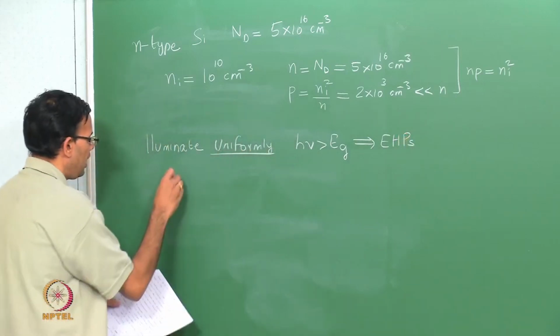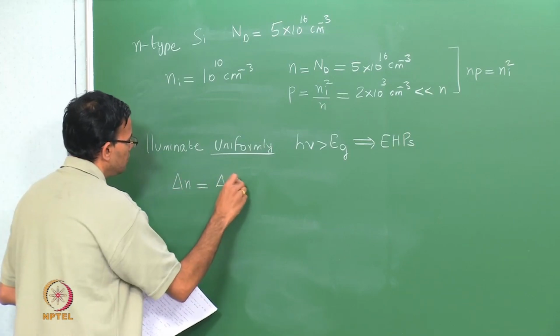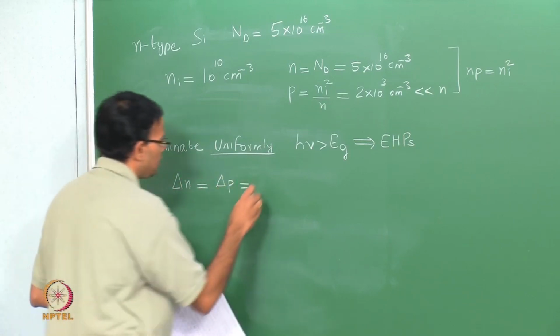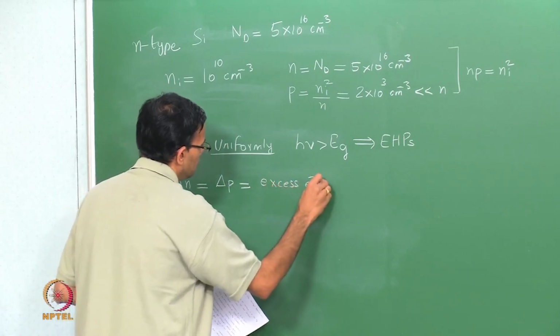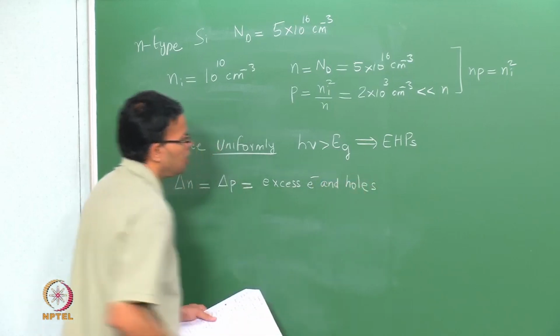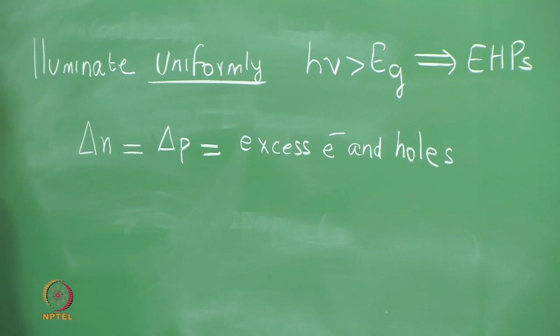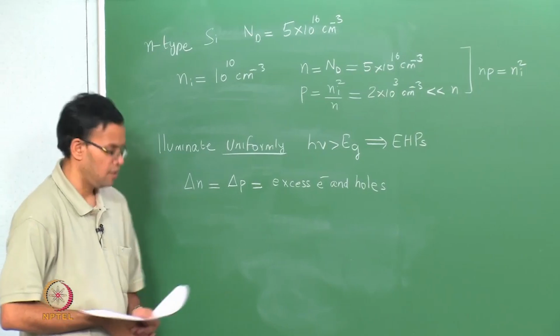So, let delta n and delta p be the excess electrons and holes, and these are equal, because really you have an electron and a hole pair being created at the same time. So, delta n and delta p are the excess.